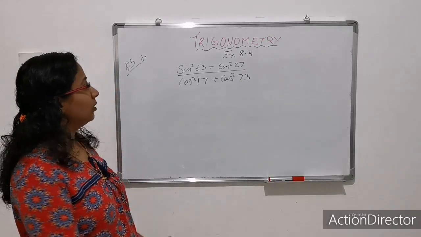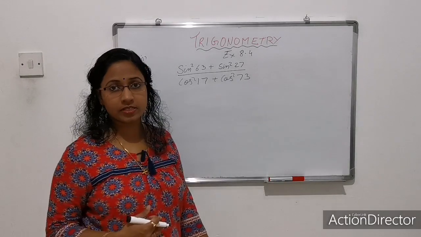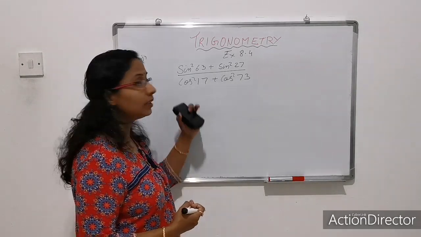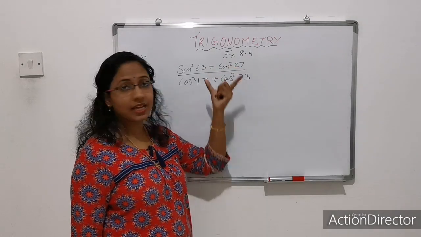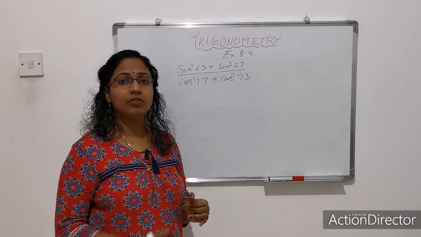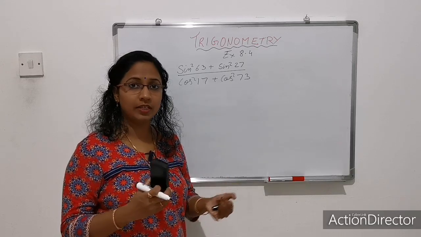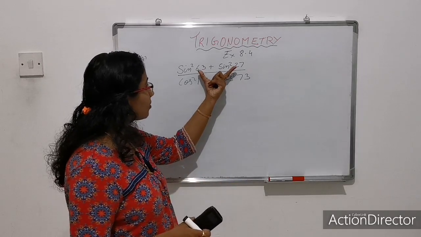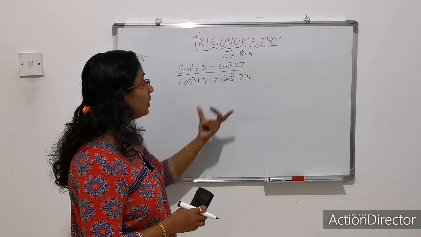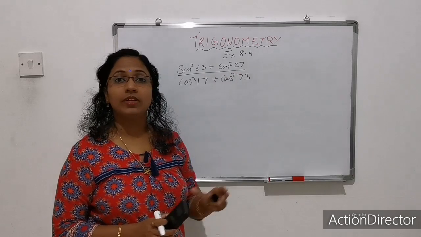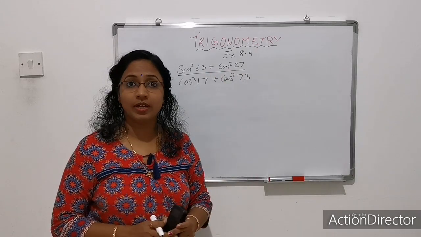Got it? Now, in the earlier exercise, those who have seen the earlier videos, I was continuously telling that whenever angles are given other than 0, 30, 60, 45, 90, you have to check whether the sum is giving you 90.